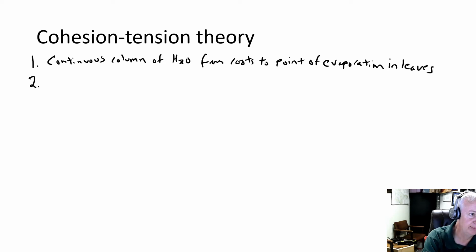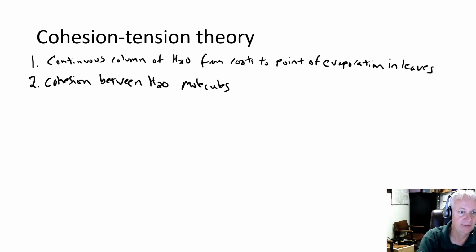Another important point is that there is cohesion between water molecules, since water is polar. And what I mean by that is the molecular structure of water looks something like this, where this is the oxygen atom, and these are the two hydrogen atoms.